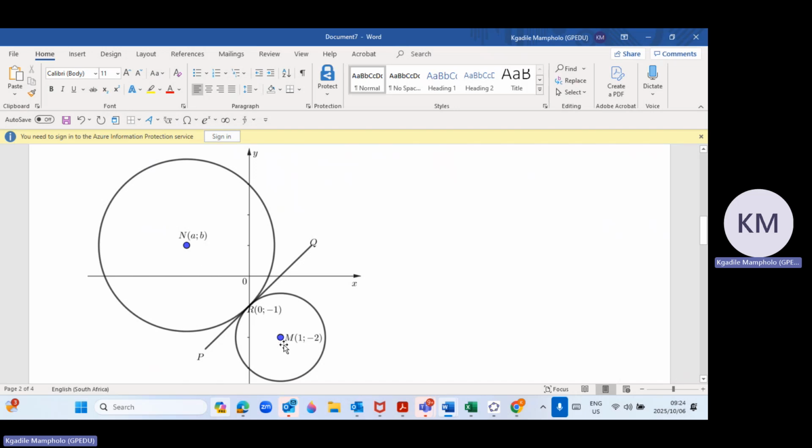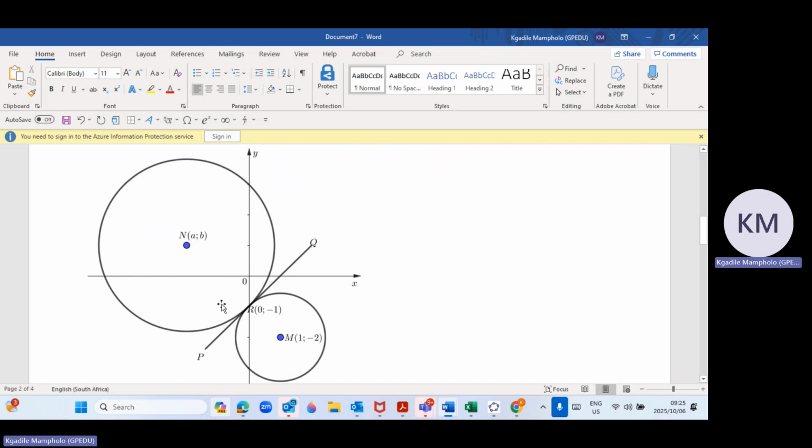And then we say this will be equation 1. For the other equation, since we are given the equation of the tangent, it means you know the gradient of this tangent. And if we know the gradient of the tangent, we will know the gradient of the radius. Remember, N, R, and M will be collinear because the circles intersect once. And R is at that point of contact.